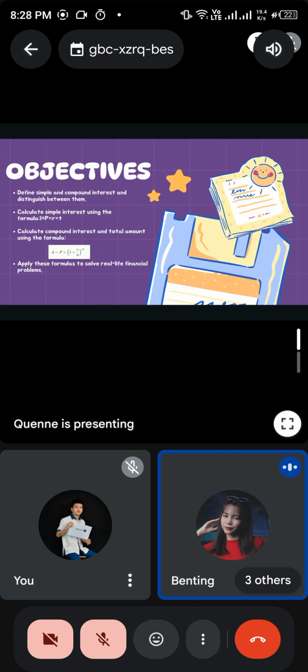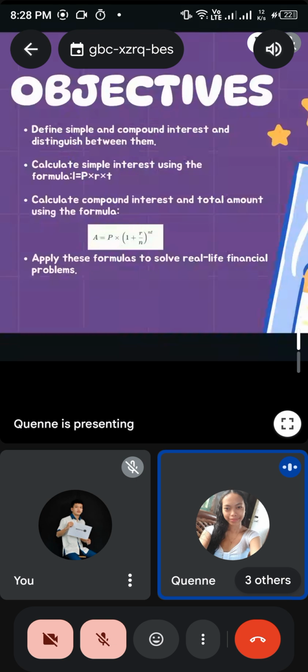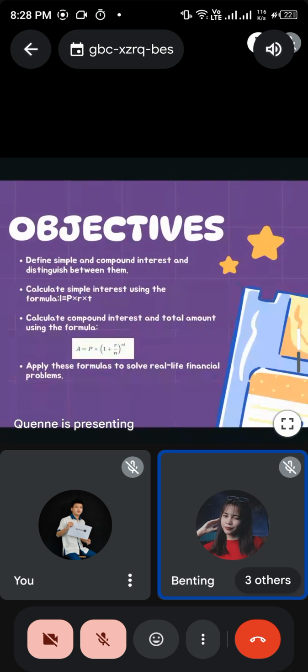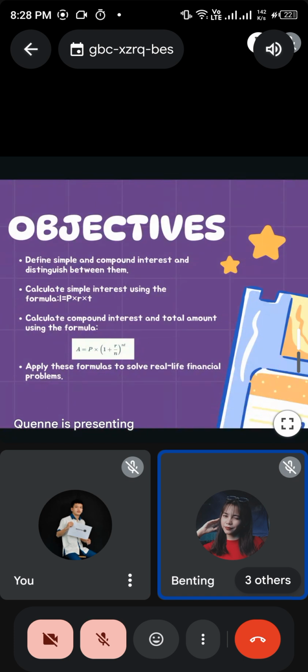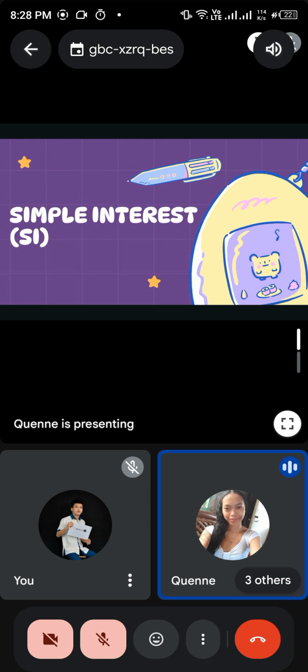Calculate simple interest using the formula I equals P times R times T. Calculate compound interest and total amount using the formula A equals P times (1 plus R over N), and apply these formulas to solve real-life financial problems.